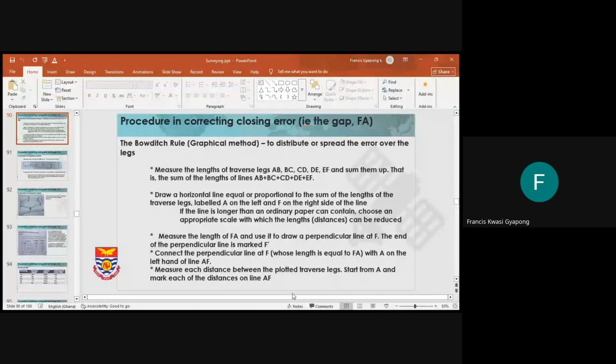Having picked it, we are now going to measure all those small vertical lines. So stand at B, open your divider to go and touch where B prime is, that line.